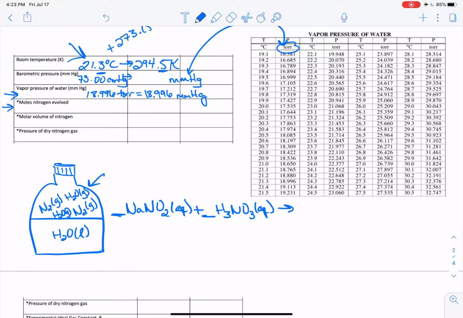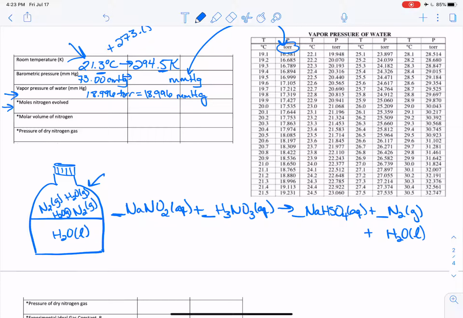And what that is going to give us is sodium bisulfate and some nitrogen gas. And it's going to give us some water.